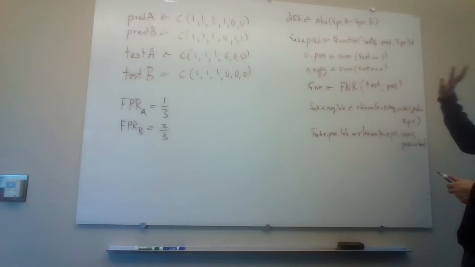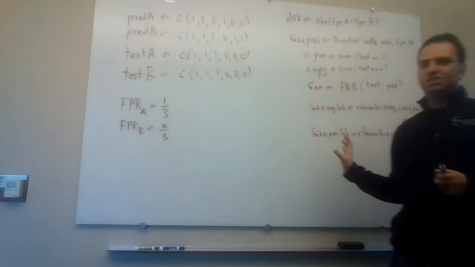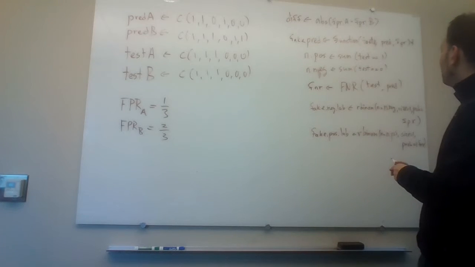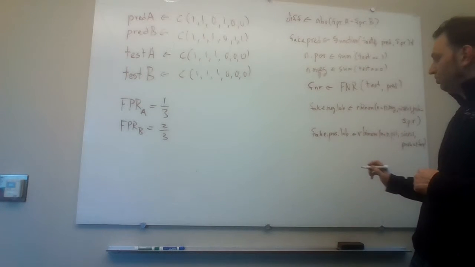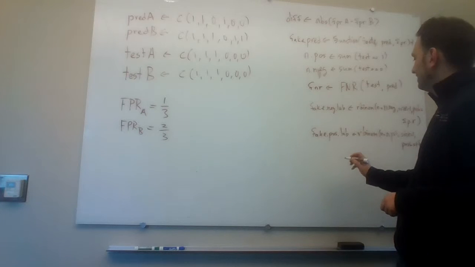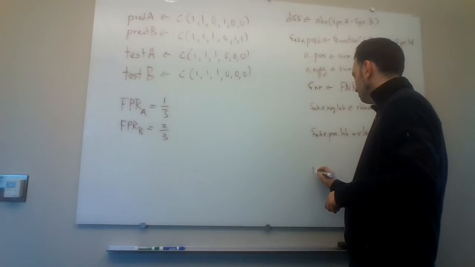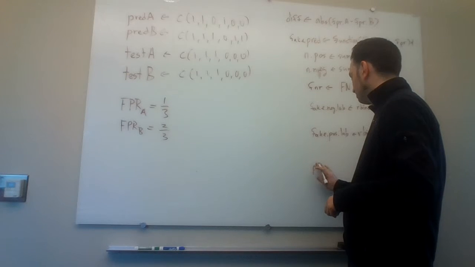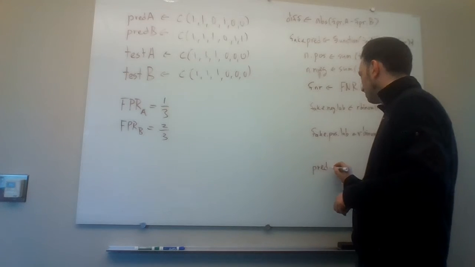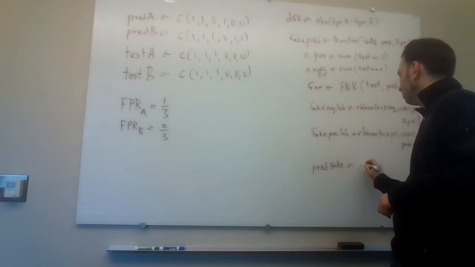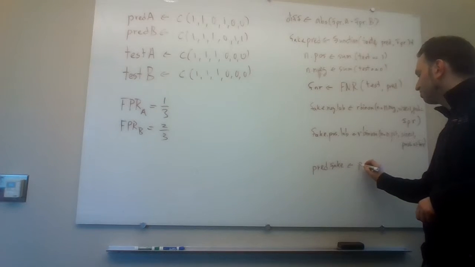So, okay, and this is really kind of too fancy. You did not need to do this on the midterm, but you could if you wanted to, right? So what you could say is, my new pred, let's call it pred fake. So let's start by just making it pred.